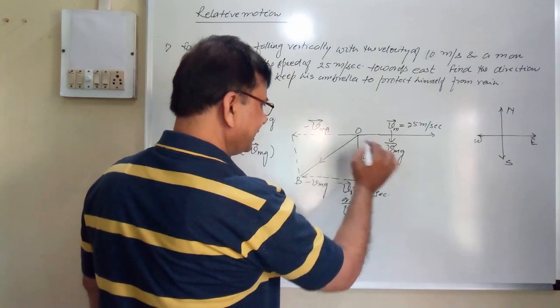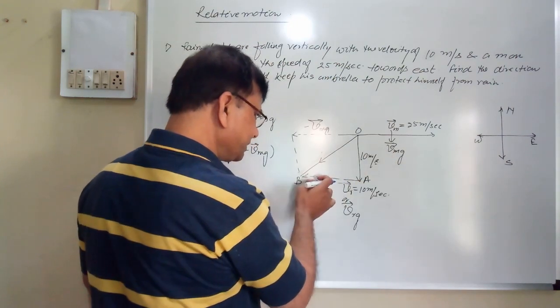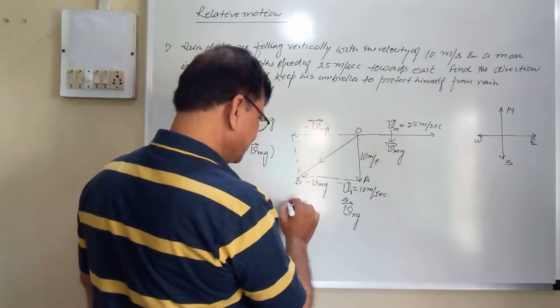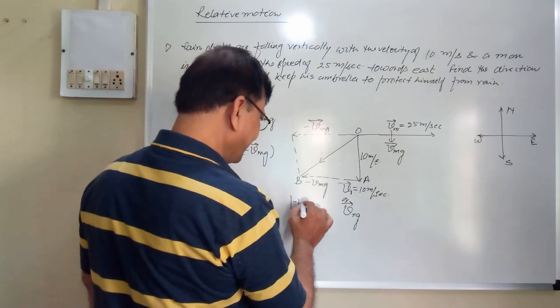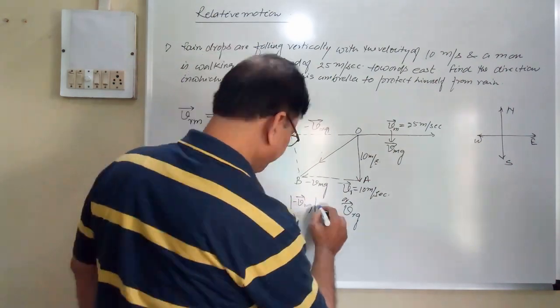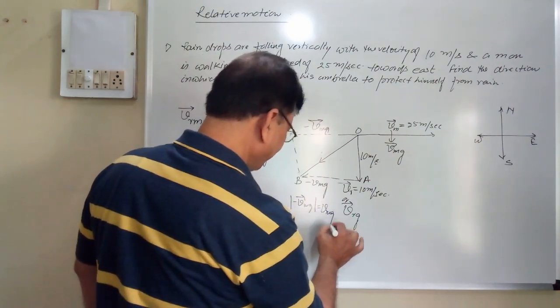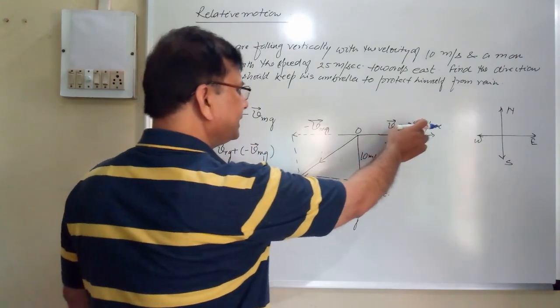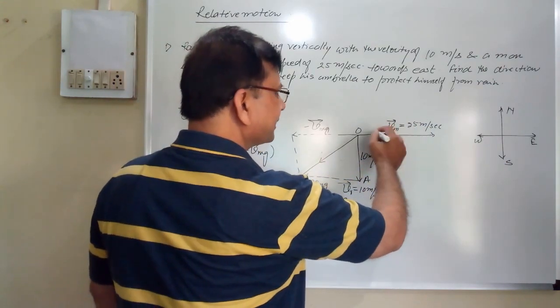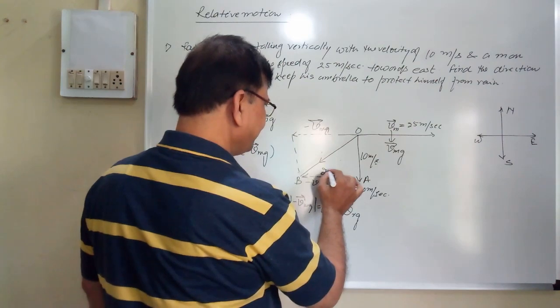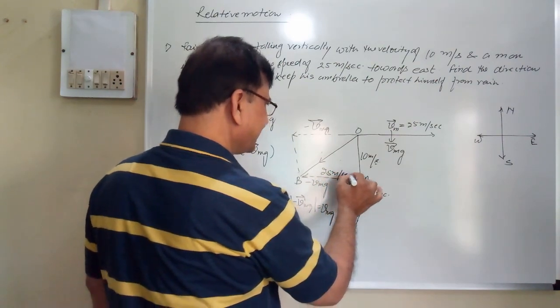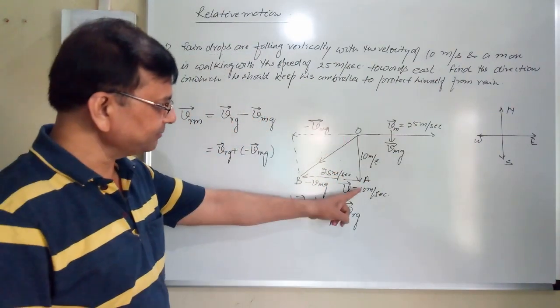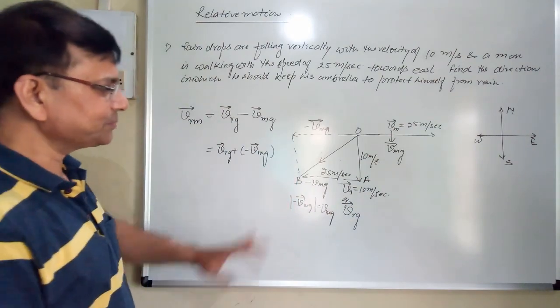This is the opposite direction but the magnitude of minus VMG is simply VMG, that is 25 meters per second. Here it is 10 meters per second, in this direction 25 meters per second.